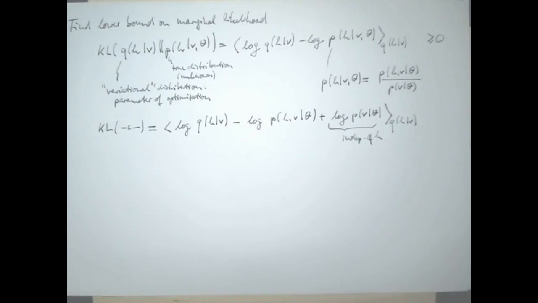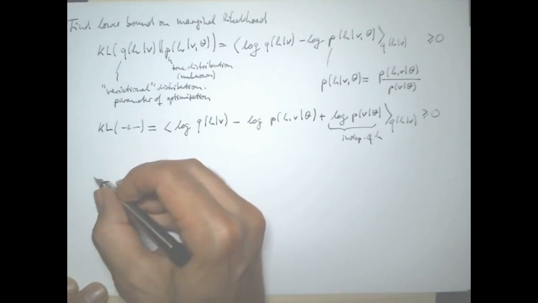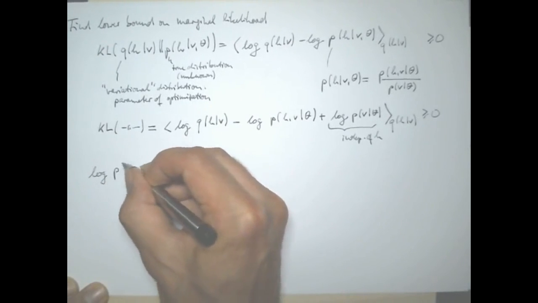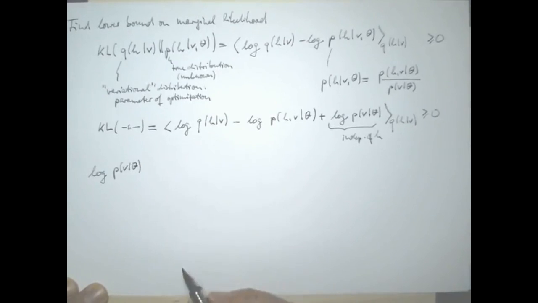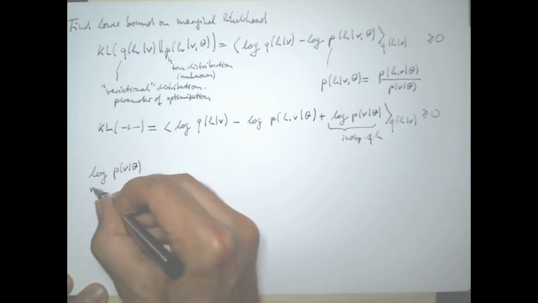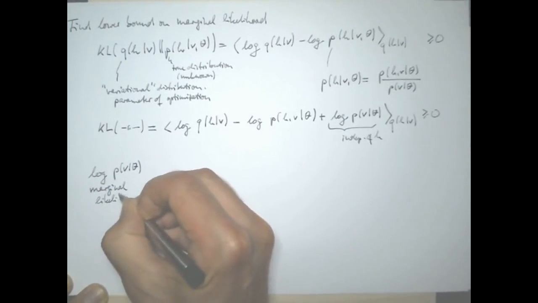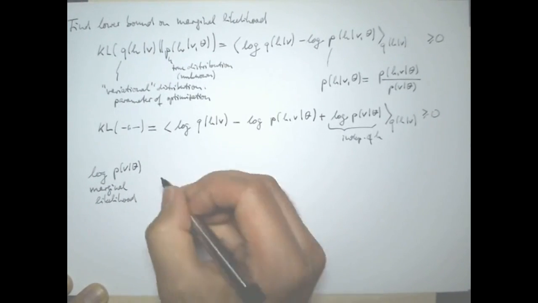And if I do pull it out, and bring the remaining terms on the other side, I find that log P of V given theta, which is the quantity of interest, my marginal likelihood, is bounded from below as follows.